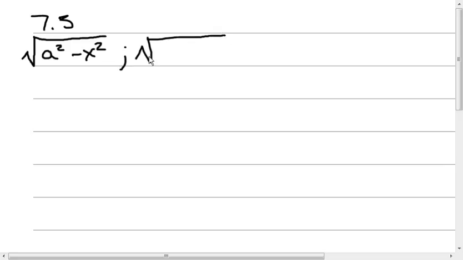Now, when do these trig substitutions come up? Well, in the simplest cases, we're going to have things that look something like this: a squared minus x squared, or square root of a squared plus x squared, or square root of x squared minus a squared.